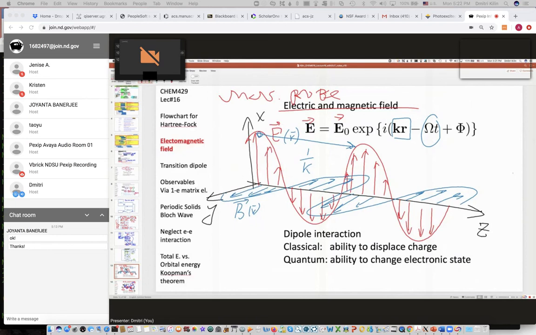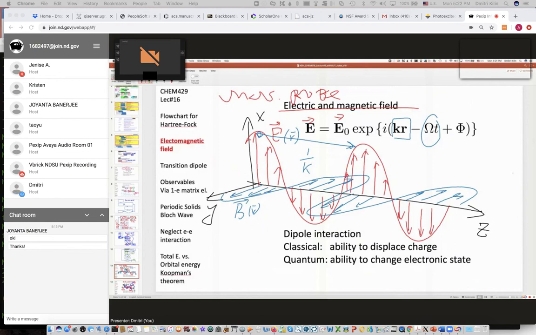And if the diagram on the screen makes sense to you, you can comment on it. Okay, no answer from Janice. If you were answering, your microphone is muted. Let's check with Kristen.